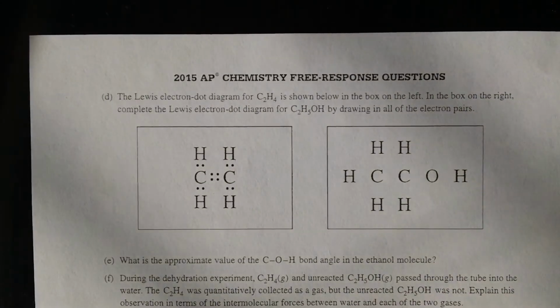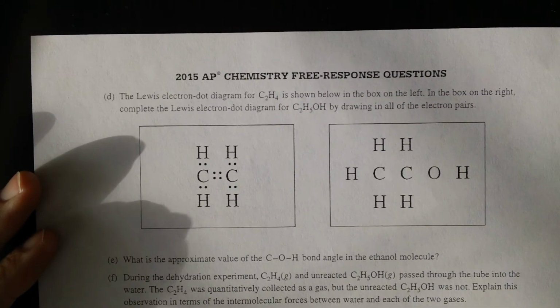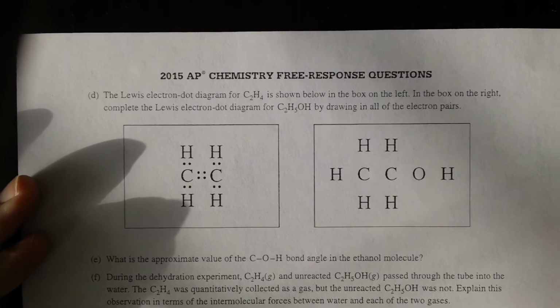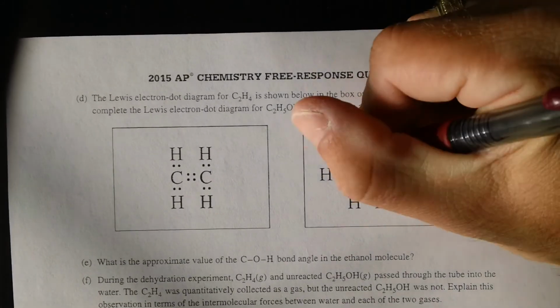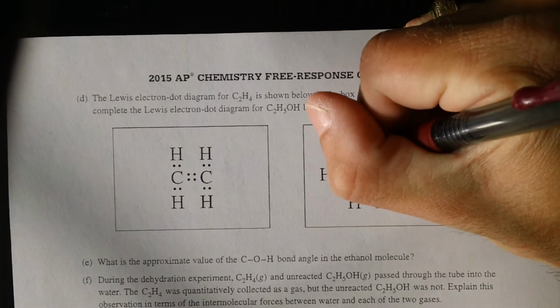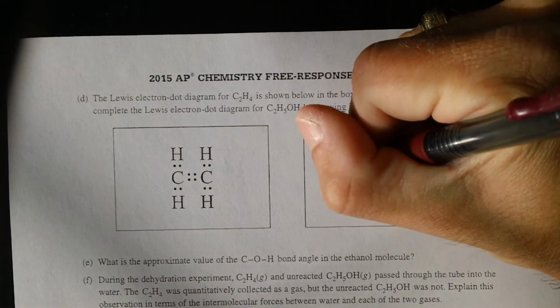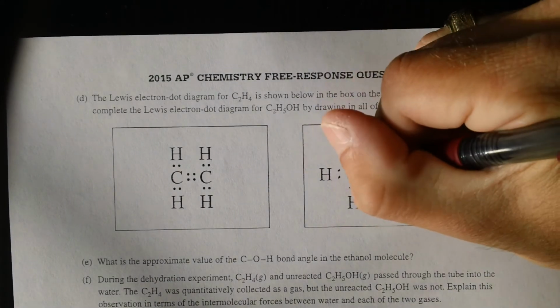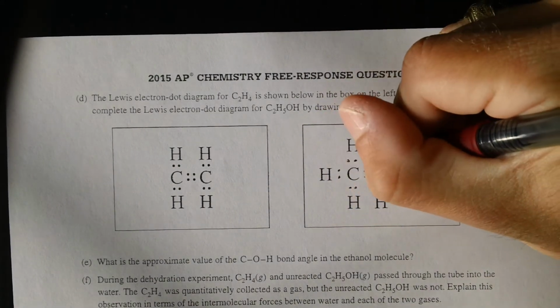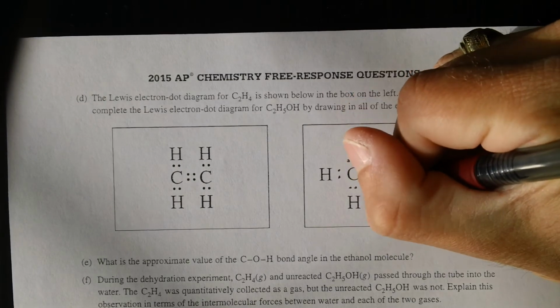Part D says the Lewis electron dot diagram for C2H4 is shown below in the box. In the box on the right, complete the Lewis electron dot diagram for the ethanol, drawing in all electron pairs. You should count them up. We know there's going to be at least one pair of electrons between every one of these sets of elements.